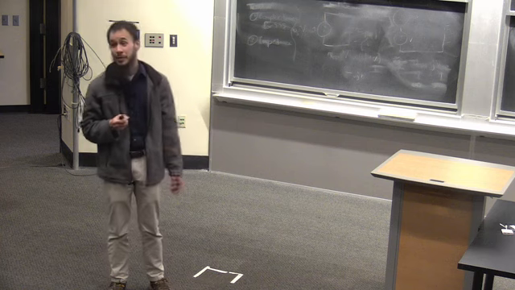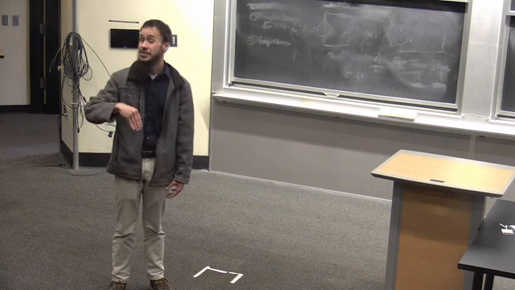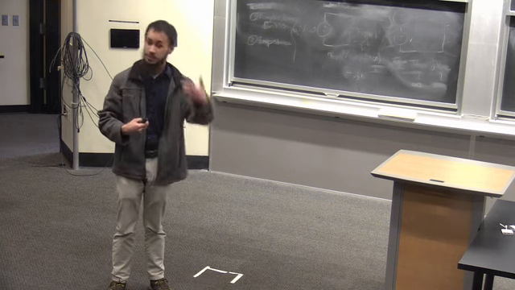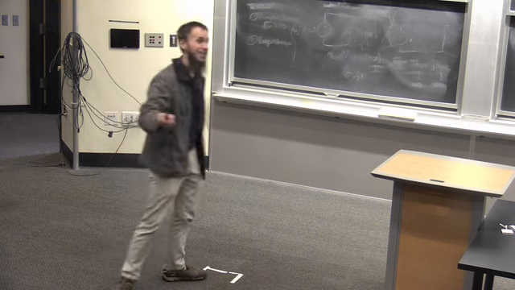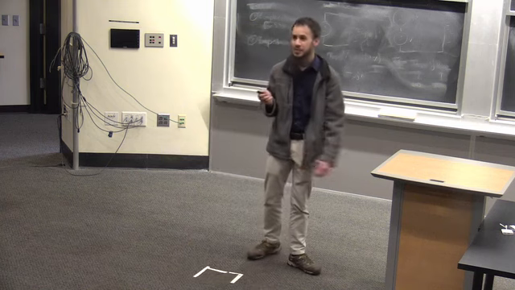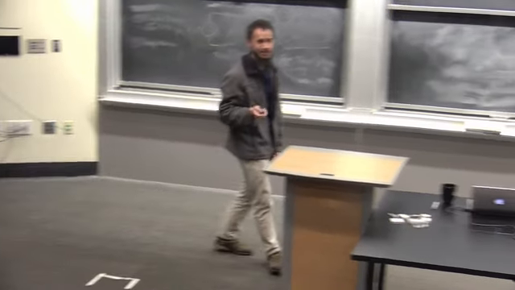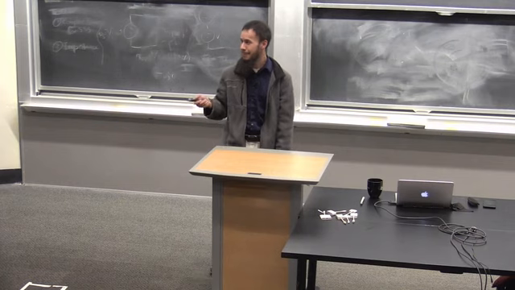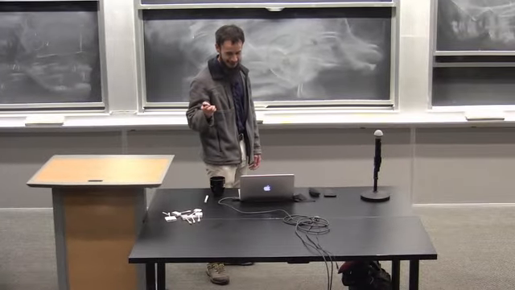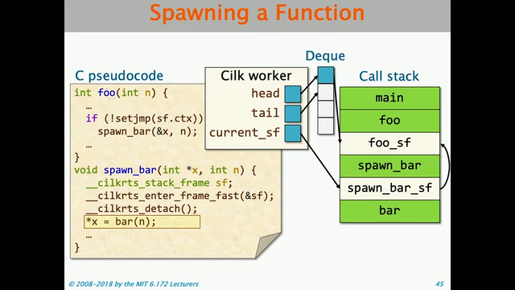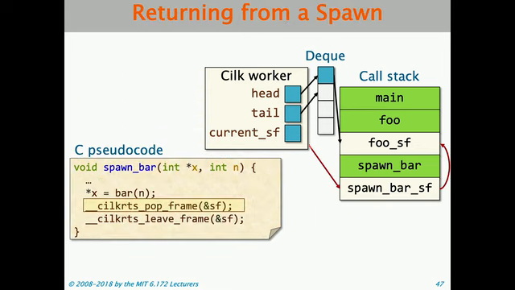And now the spawn helper, when it calls bar and that returns, it gets stored into that storage in the parent stack frame. Good catch. Good observation. Any questions about that? That makes sense? Cool. Probably use too many animations in these slides.